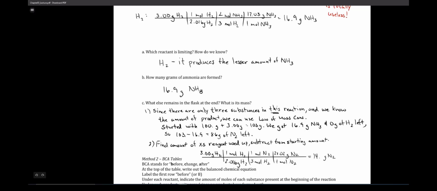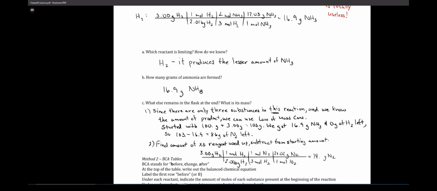Did anyone solve that yet? No. Okay. So 3 divided by 2.016 divided by 3 times, I got 14. Exactly. 13.89, rounded 14. Okay.